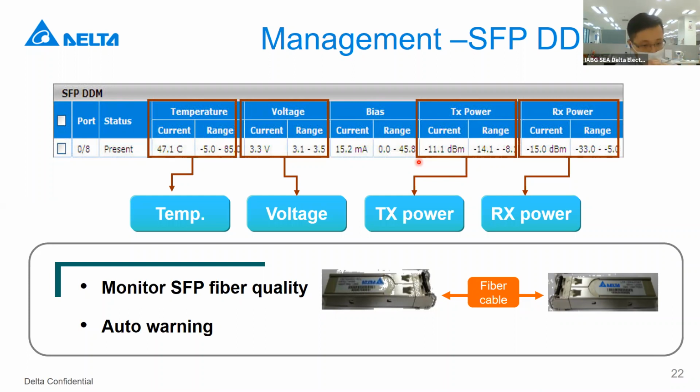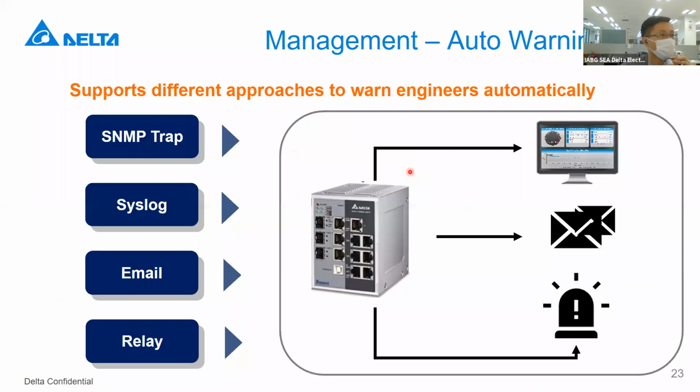In this case, you could come here and check the current and the range of the fibers. And we do support many ways to do the alarm and inform people. You can see SNMP, system log, email and relay to inform people.